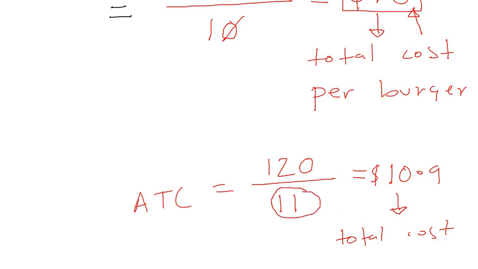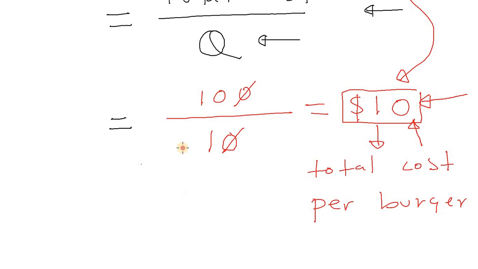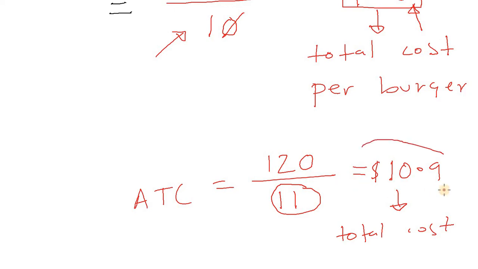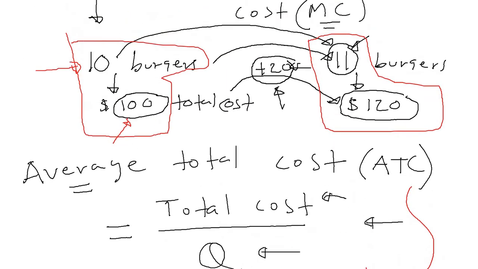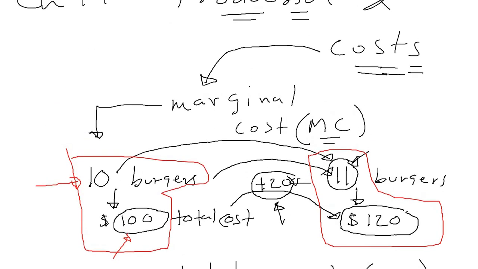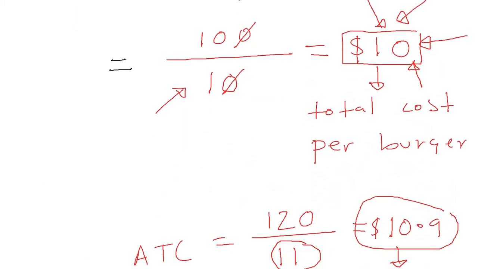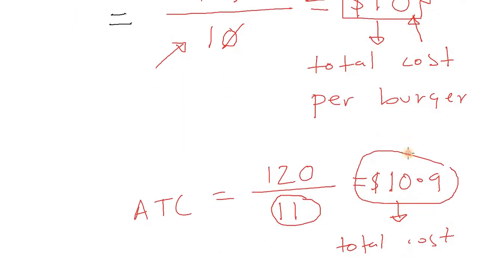When you're making 10 burgers, cost per burger is $10. As you can see, the average total cost is different from the marginal cost. These are different ideas. The marginal cost was $20. In this case, the average total cost is $10.9.